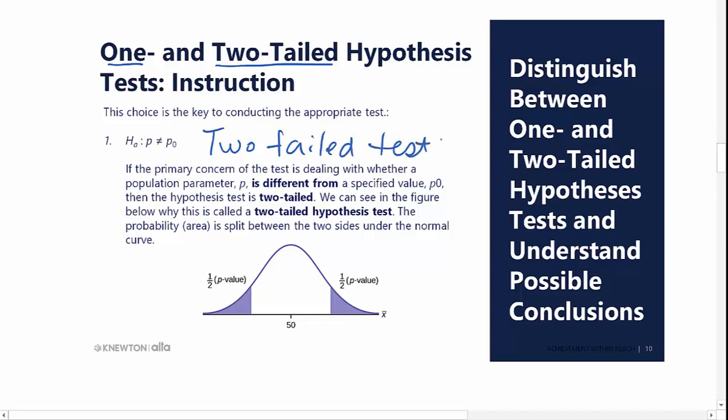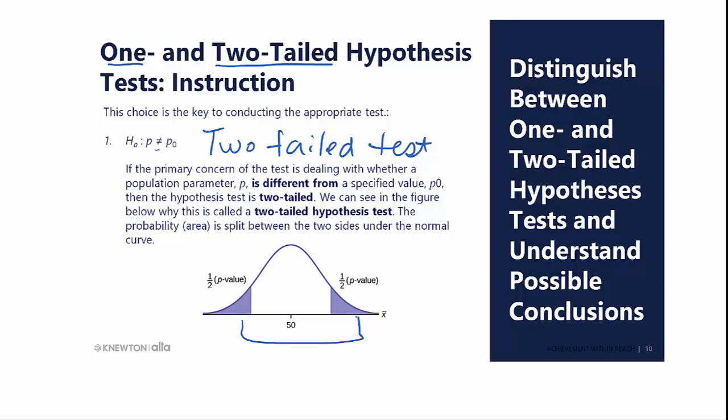It doesn't make a whole lot of sense right now, but as we try to calculate something called a p-value, which is the area underneath our normal curve, we're going to look in both tails. We're going to look in two tails to calculate that area. So the total area when the HA is a not equals to will be the area combined in both of those tails. Hence the name two-tailed test.